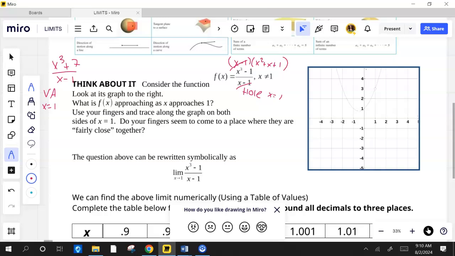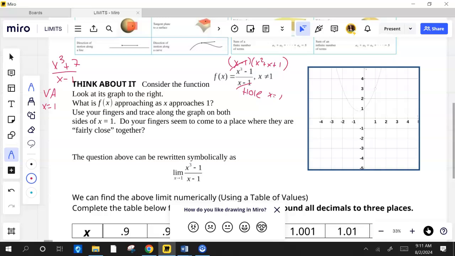Limits tell me if I get closer and closer to something, what value am I getting closer to? So as I track this way, as I get closer and closer to 1, what value am I getting closer to on my graph? The hole, which is 3.